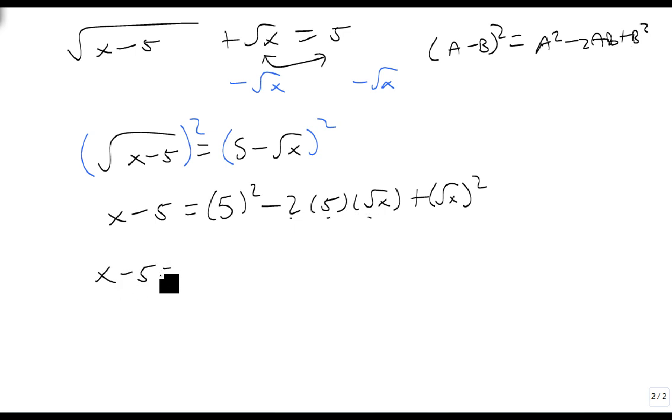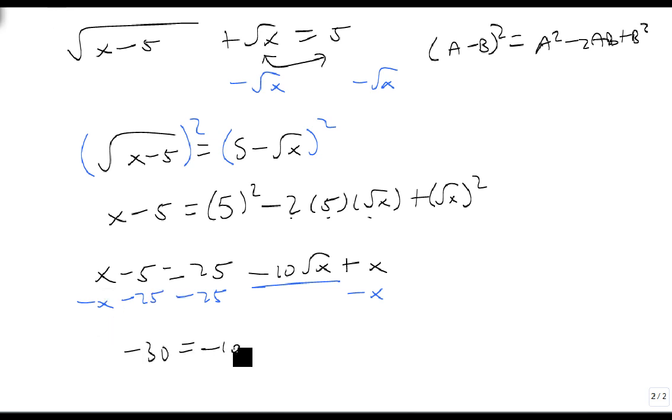So x minus 5 equals 25 minus 10 square root of x plus x. Let's get this guy by himself again. So let's subtract an x and subtract 25. That gives me minus 30 equals minus 10 root x. Divide both sides by negative 10.